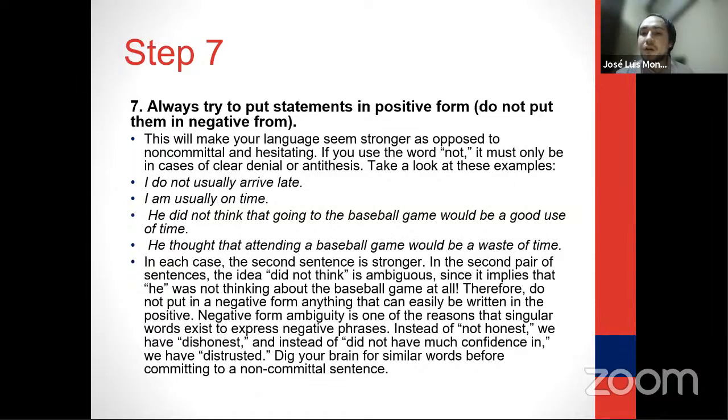Instead of saying, I am not honest, we have dishonest. You can say, I am dishonest or distrusted. Dig your brain for similar words before committing to a non-committal sentence.